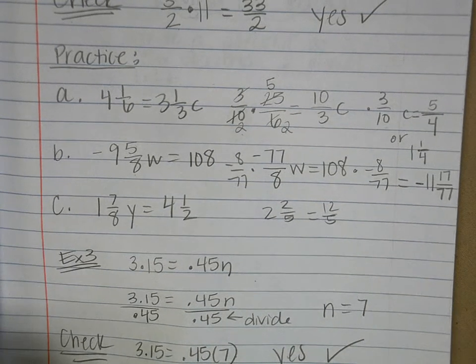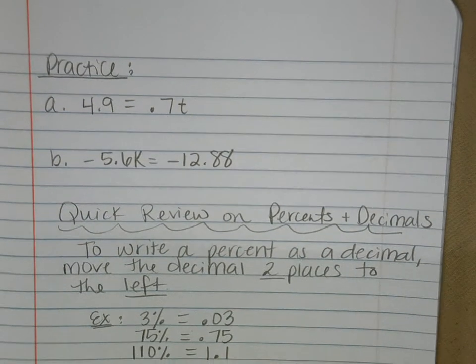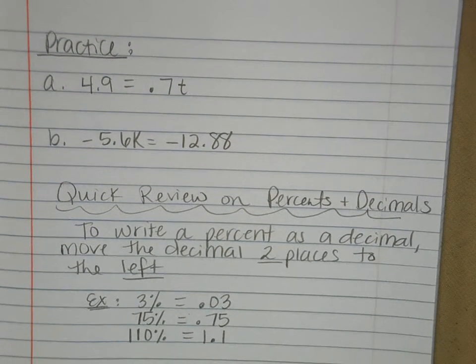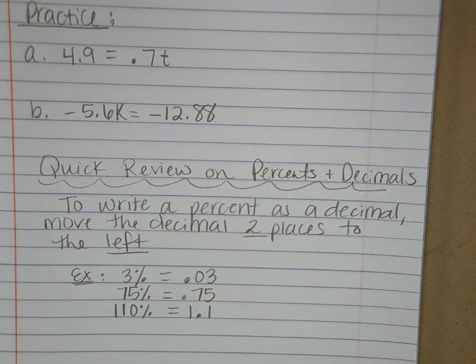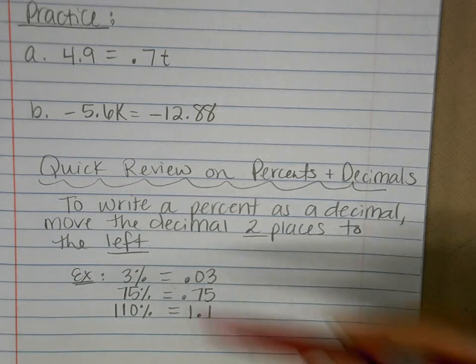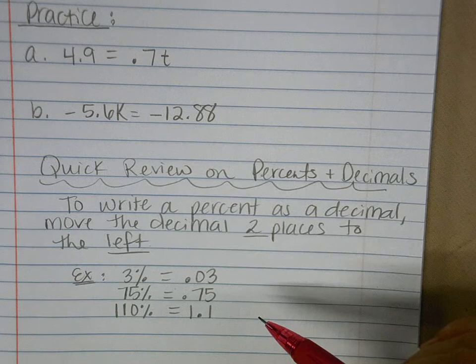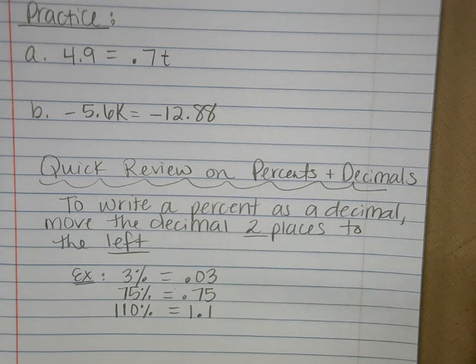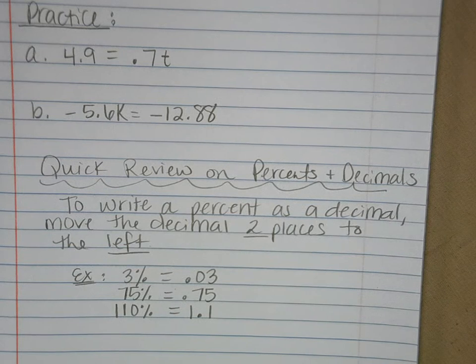So the last page is 2 practice problems with decimals. And after you finish that, you can write down this where it says quick review on percents and decimals, because we need to know how to fix our percentages and make them decimals. And this is 7th grade math, and you probably forgot it by now, huh? Maybe 5 of you remember. So get these 2 answers and then write this stuff down, and I'll give you about 3 minutes, and then we'll go over it.